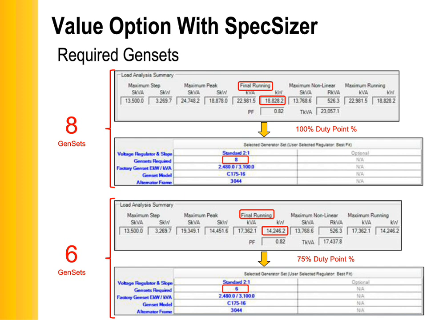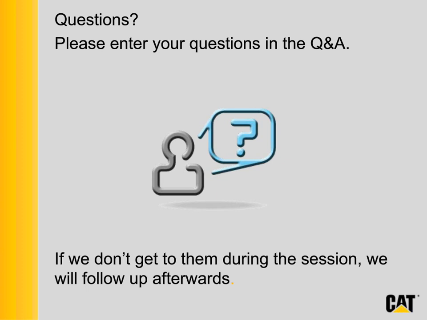We have some questions for you. We're glad that our participants are sending them in. The first one is, is duty point the only thing you can do to downsize a generator set? Yeah, that's a good question, Mary. A minute ago I alluded to there were some other things that you can do to reduce the size of the genset. There are several things that you can do to work with the inrush. As I mentioned, we're going to talk about those more as we get into the presentation.